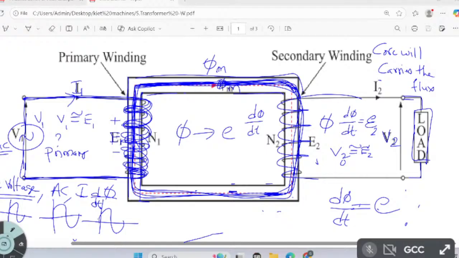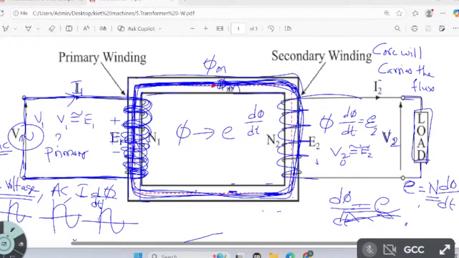Okay, so E2. Now, how many turns are there? N2 are there. How many turns? N1 is there. So how much EMF is inducing? That depends upon the number of turns. If it is 1 turn, a small EMF will be induced; more turns, more EMF. So you can write this as E is equal to N dφ/dt.